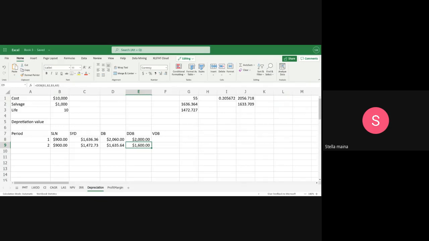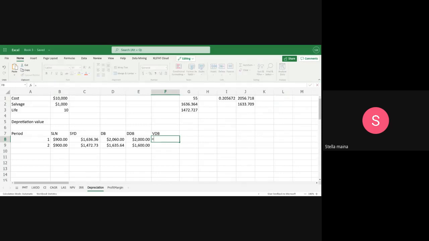So I want to move on to the last one, that is the VDB, the variable declining balance. The function uses the DDB method by default. So we will see how that becomes a little bit different from the double declining balance.